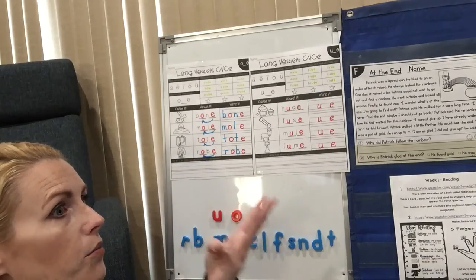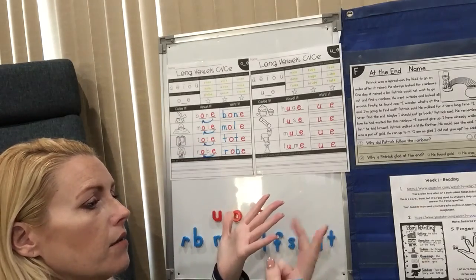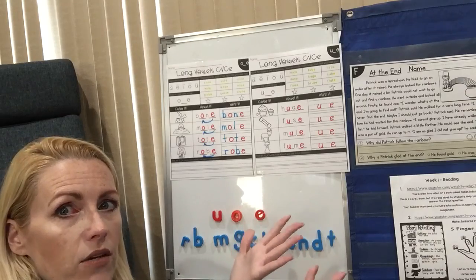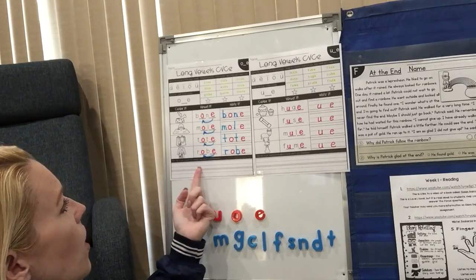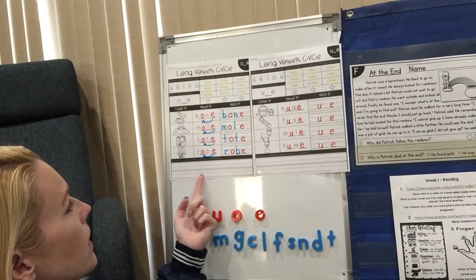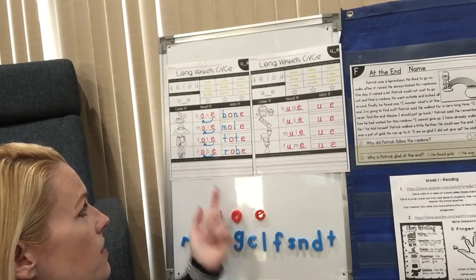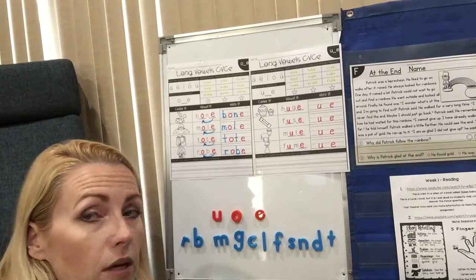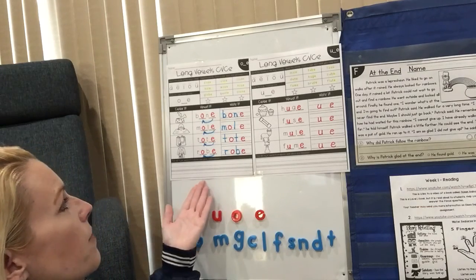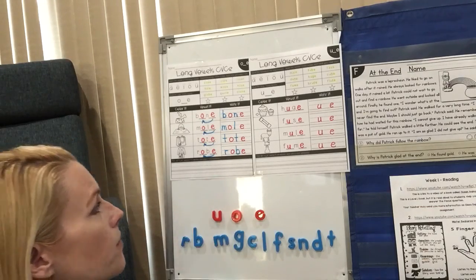Eight words. I think you guys can do that. So if you already did this page and you had a sentence, you can get an extra piece of paper if you want to and try that sentence of my dog put her bone in my tote.